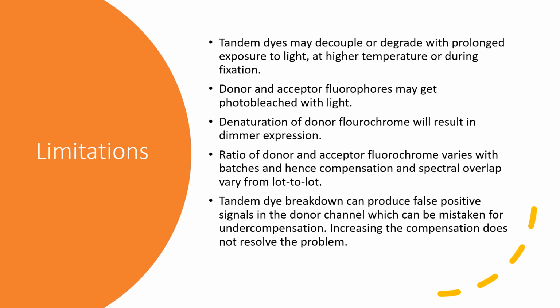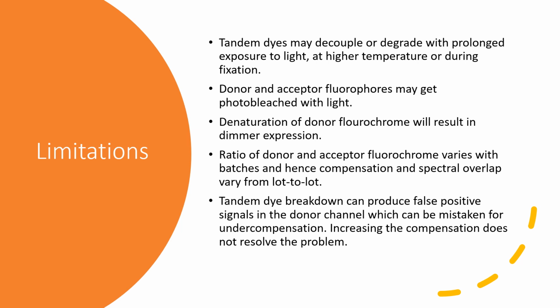The other thing we should remember is that when using a tandem dye, the ratio of the donor and acceptor fluorophore will vary with each batch. Hence, when we open a new batch, there could be differences in the compensation and the spectral overlap. So we should perform lot-to-lot comparisons religiously when using tandem dyes.